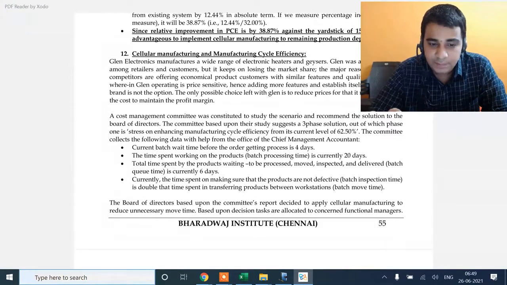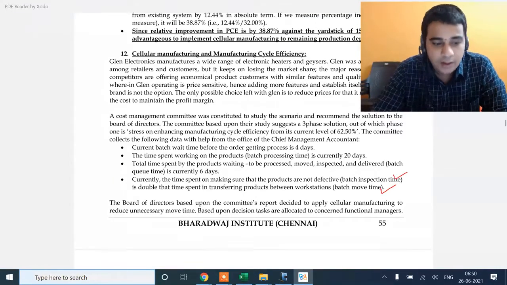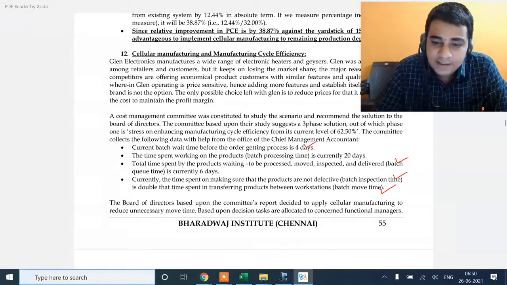Time spent on making sure products are not defective, inspection, is double that of the movement time. So there is movement time, non-value added. Inspection time, non-value added. Queuing time, non-value added. Waiting for the order is also technically non-value added, but it is not part of the manufacturing cycle.